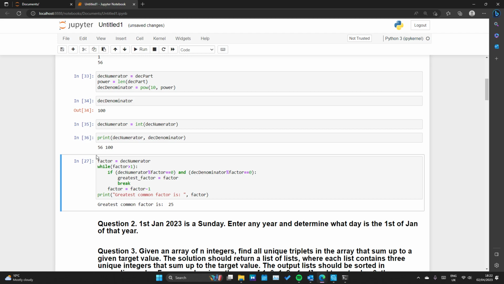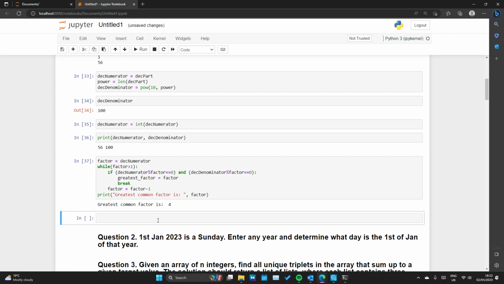Now this time it will start with 56 and it will divide both the numbers by 56. Obviously 100 is not divisible by 56, so the answer cannot be 56, and it will iteratively try to find out the greatest common factor. So after 56 it will check for 55, then 54, then 53, and we see that the greatest common factor is 4 here.